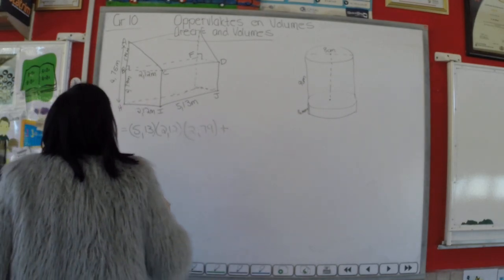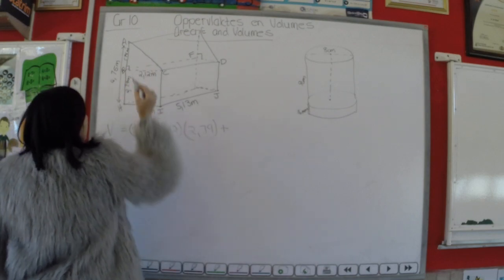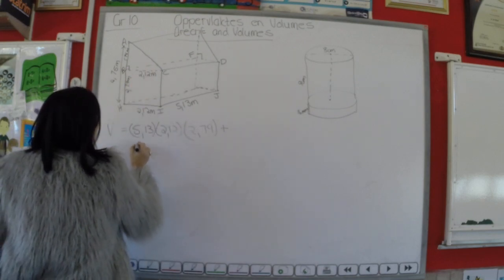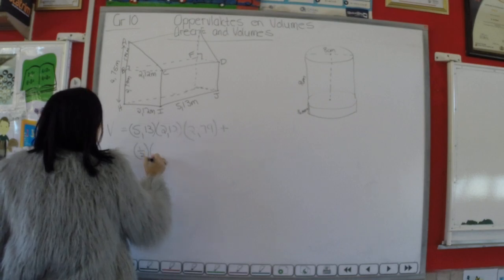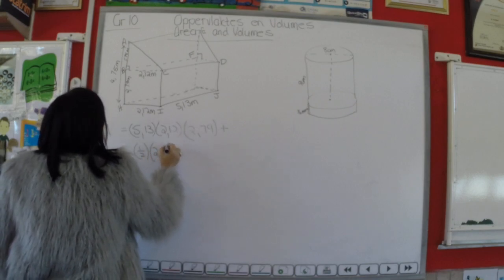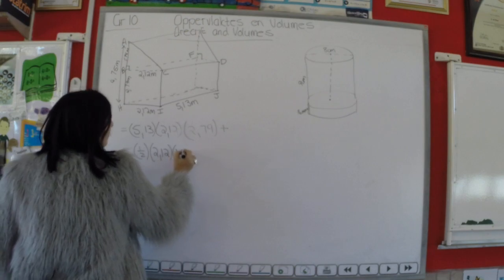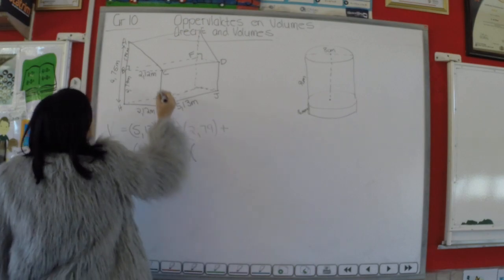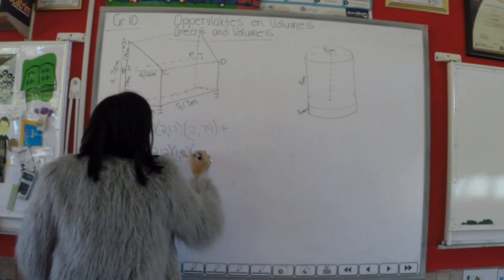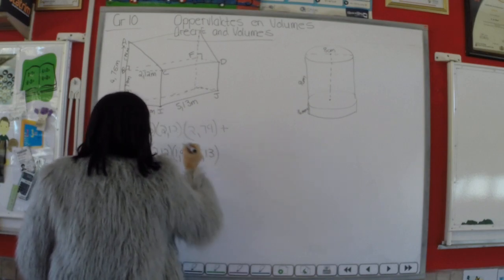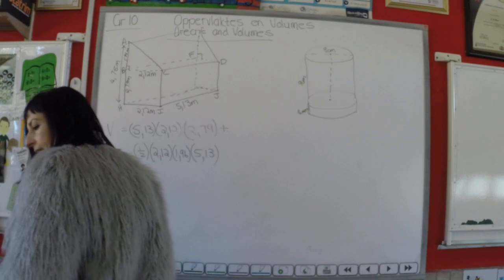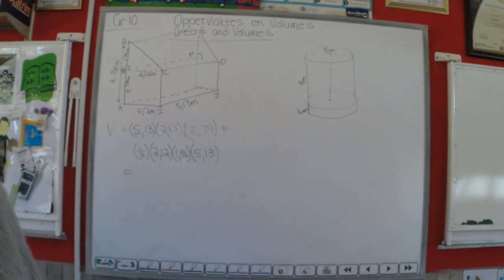Nou die volume van hierdie gedeelte is die oppervlakte van die driehoek, so dis die helfte van die basis 2,12 maal met die loodregte hoogte van 1,96 maal met die hoogte CD van 5,13. So if you put that into your calculator, you're going to have a volume of, let's quickly just check that out.